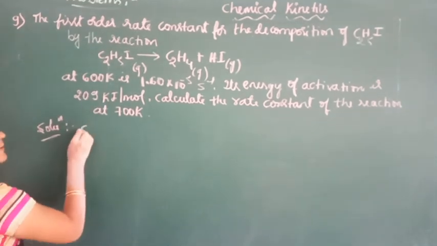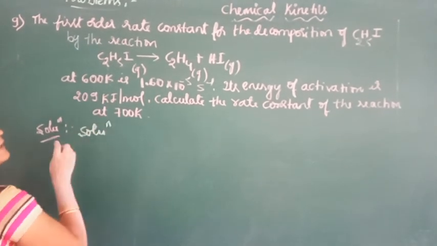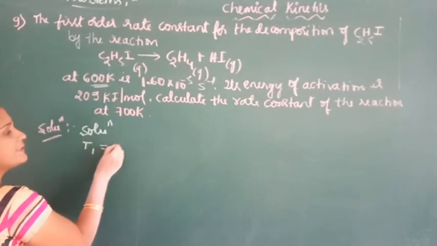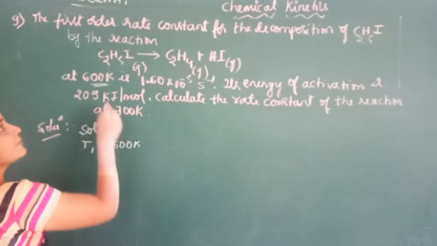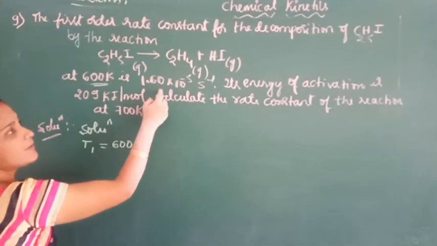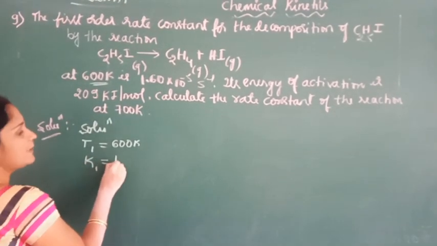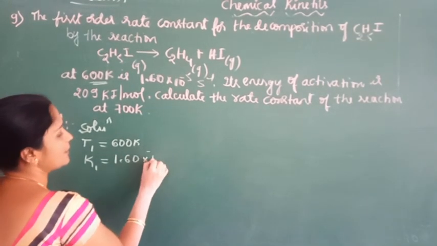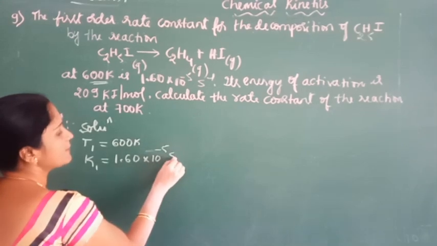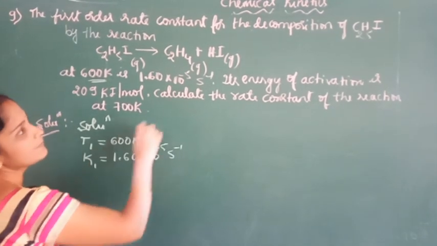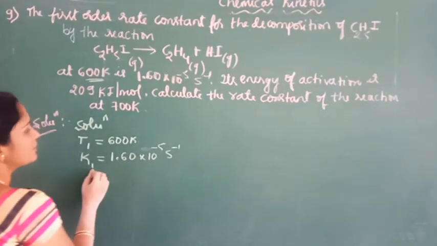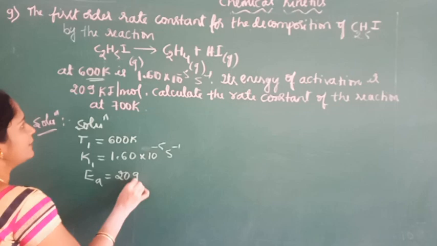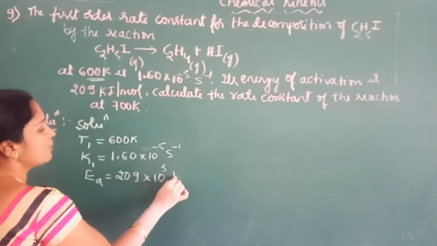So here in the solution, the given temperature is 600 Kelvin, that means temperature T1 equals 600 Kelvin. At 600 Kelvin, the rate constant K1 equals 1.60 into 10 power minus 5 per second. The energy of activation EA value is 209 into 10 power 3 joule per mole.